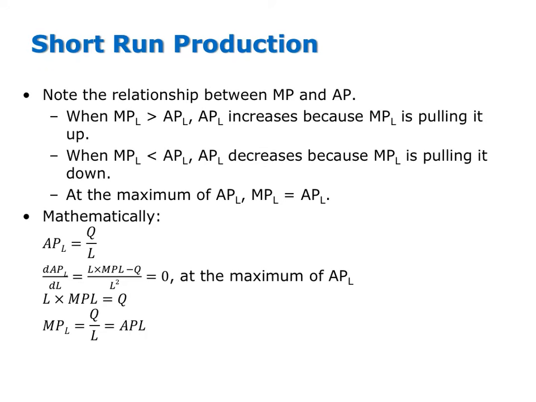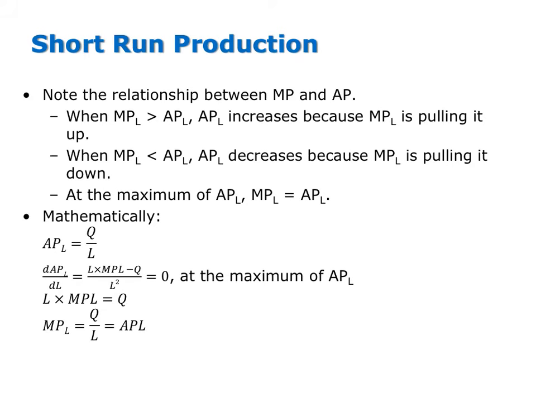Again, you know that if you get a grade in an additional class that's lower than your GPA, that grade's going to necessarily pull down your grade point average. Likewise, when the marginal product of labor is less than the average, the average has to get pulled down. Now, if the average product has a maximum, or for that matter, a minimum, at the optimum, the marginal has to equal the average.